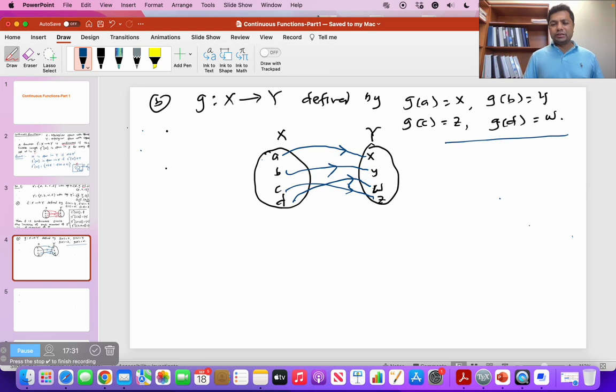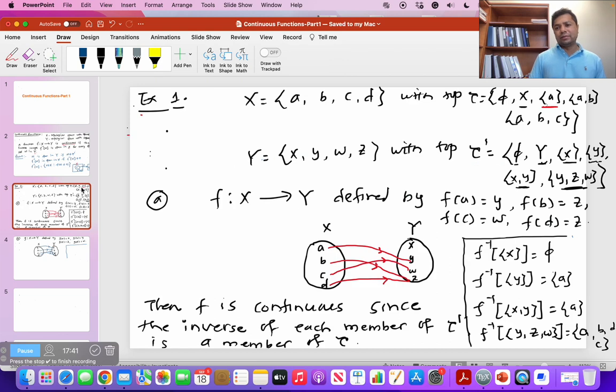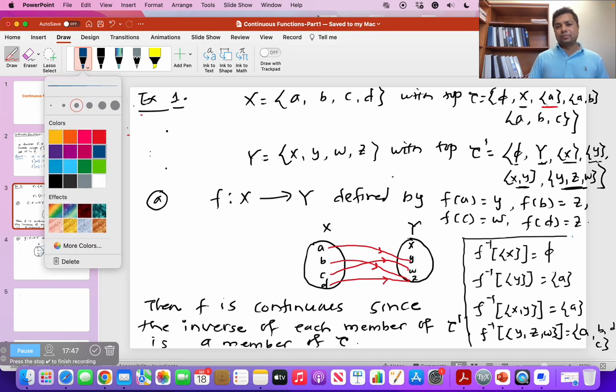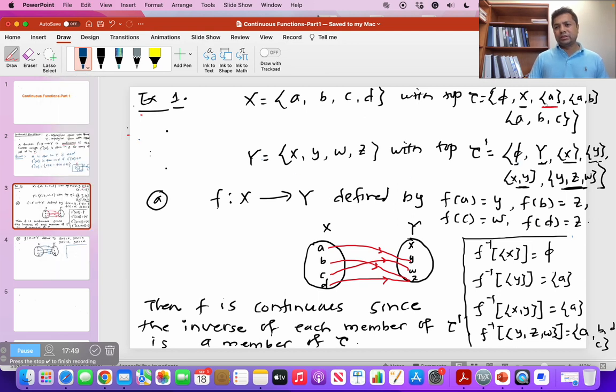If it is continuous, the inverse image of each element in tau prime has to be an element in tau. Okay, let's take a look at the elements of tau prime. The inverse image of the empty set is going to be empty, which is in tau, that is fine. And the inverse image of Y is going to be the whole set X, which is in tau, that is fine.